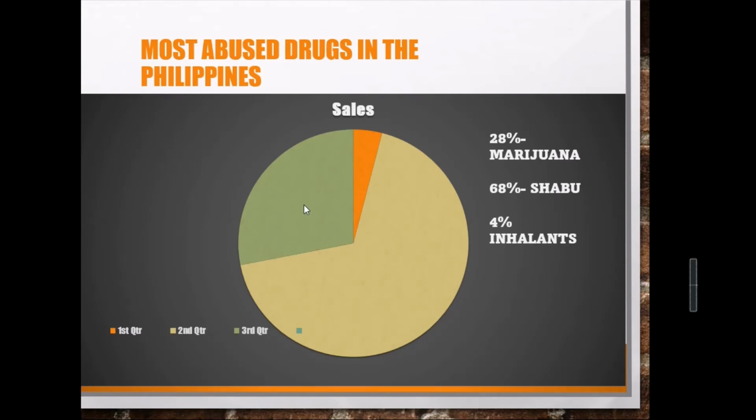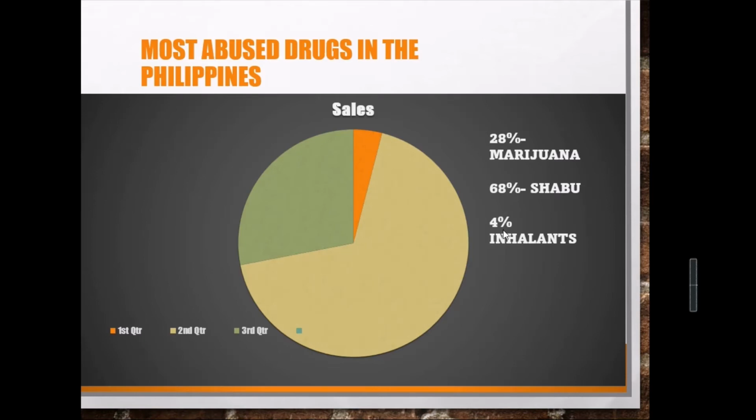Okay, this is 28%. You got it right. And then how about shabu, which is 68%? Yellow. This one? Yes. Right. It gained the highest or the biggest part in the pie chart.